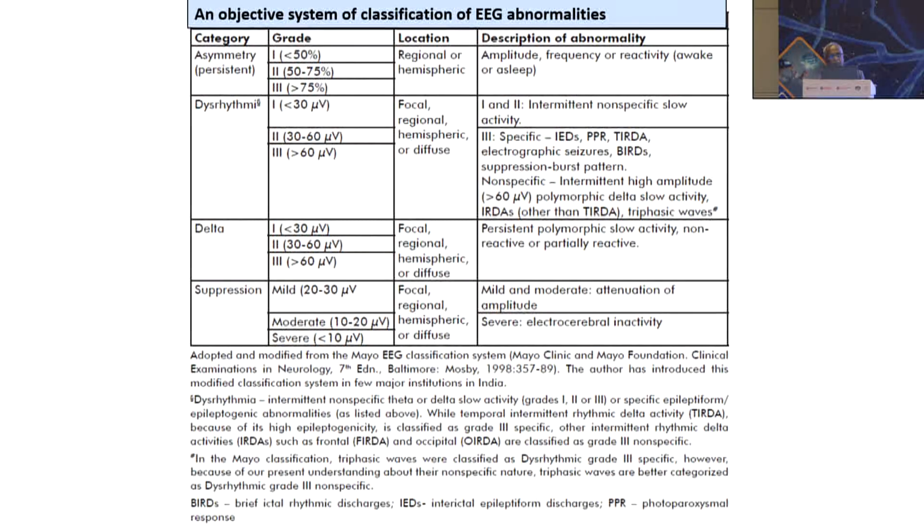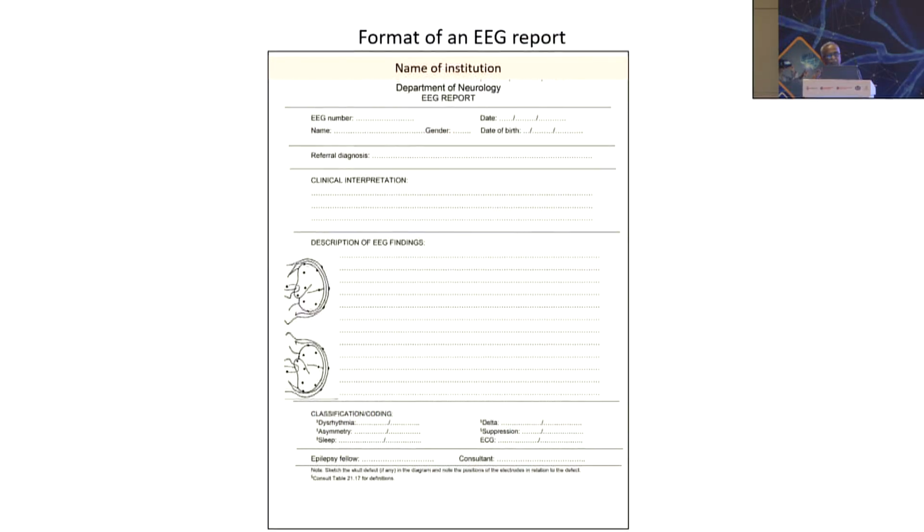And this is a format of an EEG report. Initially you start with the clinical interpretation and then you describe the EEG finding. You might ask, more often we do it the other way around: you describe and make a conclusion. The reason for doing that is that many a time the patients are referred to you by an internist or a pediatrician, occasionally a psychiatrist, or even neurologists who do not have any specific interest in the EEG.